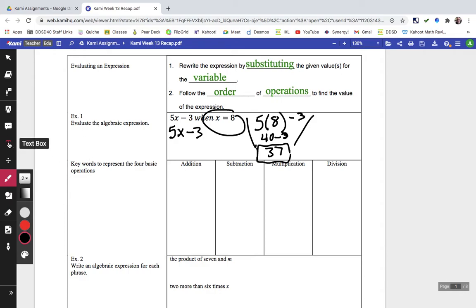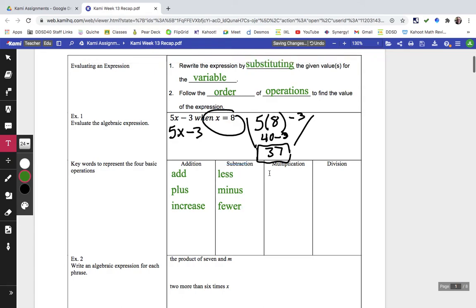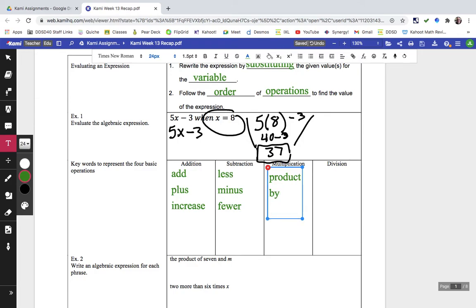Some of the words that we came up with in class today that have to do with addition, of course, are add or plus or increase, and there are other ones. For subtract, we could say less or less than, minus, fewer. For multiplication, there's product and multiplied by or times.